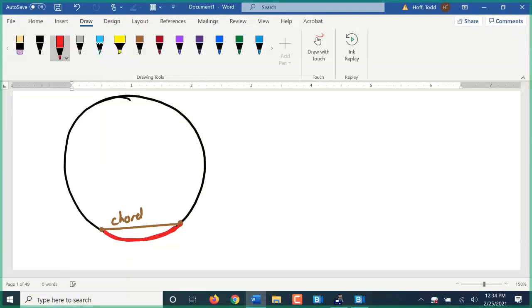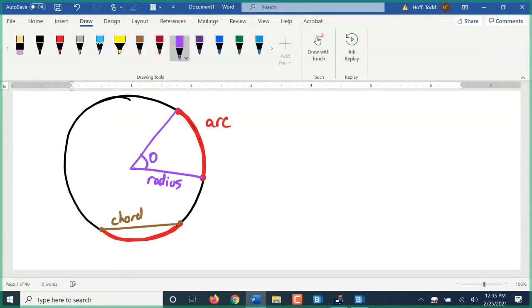Now, I need to talk a little bit about those arcs and how they're defined. So if I have this arc out here, to define that arc, I could give it a length, but to get the length of it, I would have to know the radius of the circle, or the diameter of the circle, one of the two, and I would have to know the central angle.